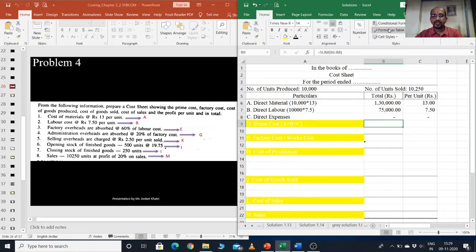Now do the total. So total is 2,05,000. This is our prime cost, by adding A, B and C. Now per unit cost is 20 rupees 50 paise.